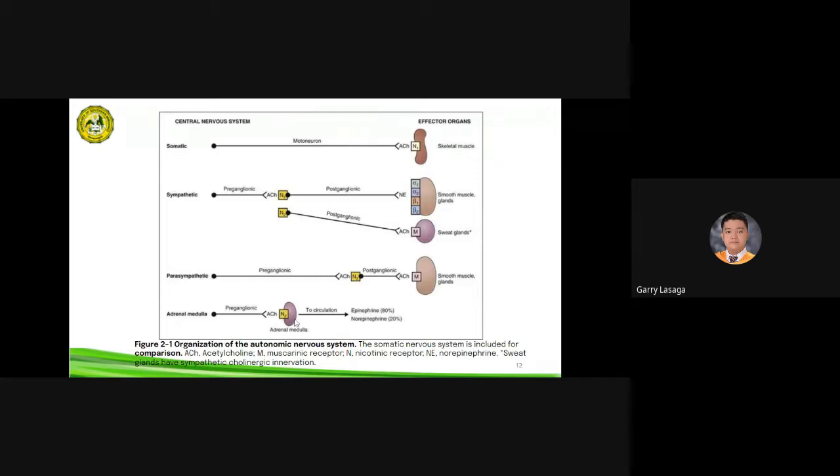So the particular neurotransmitter that is important to activate the adrenal medulla to release epinephrine and norepinephrine is the acetylcholine. And when the adrenal medulla is stimulated, it will release these catecholamines in the circulation.